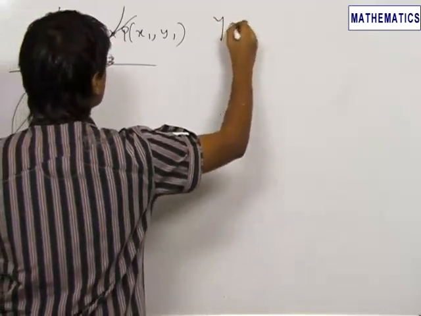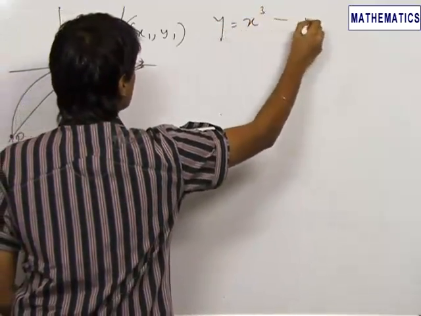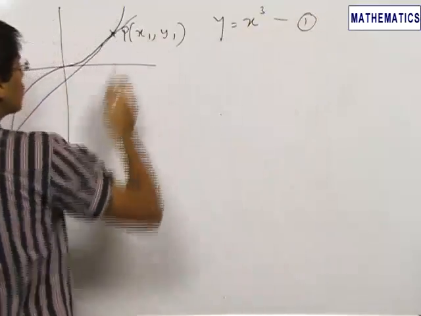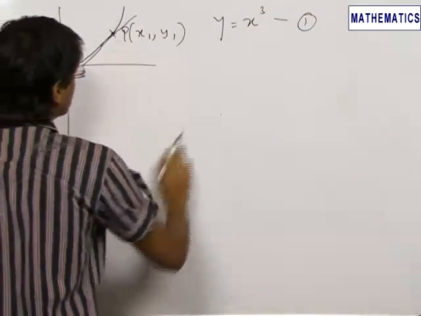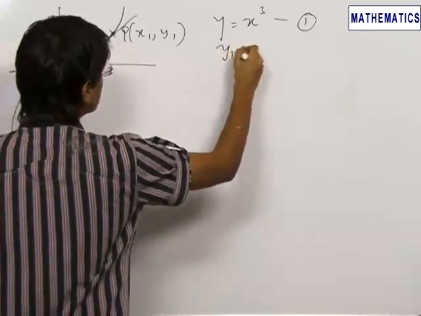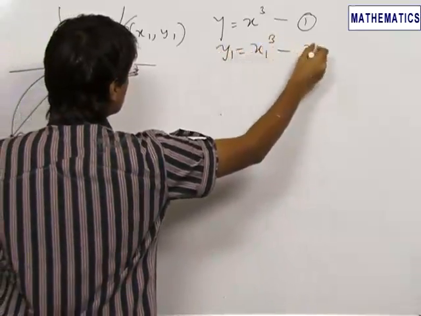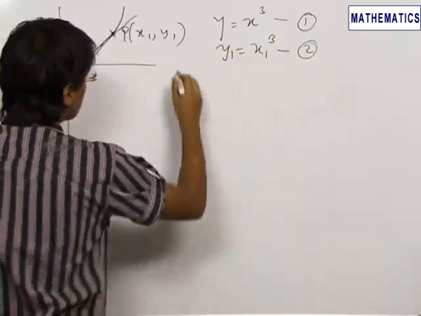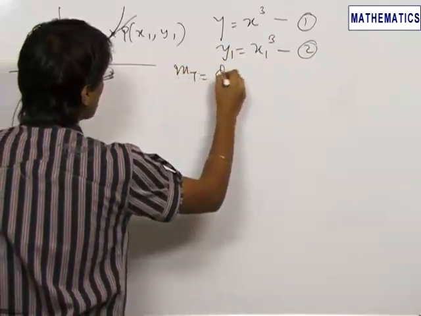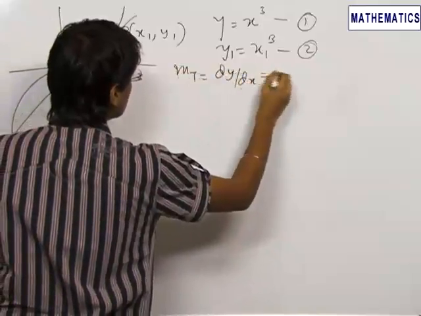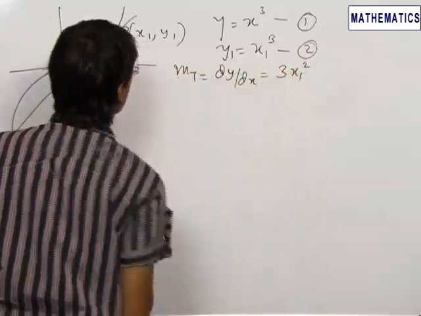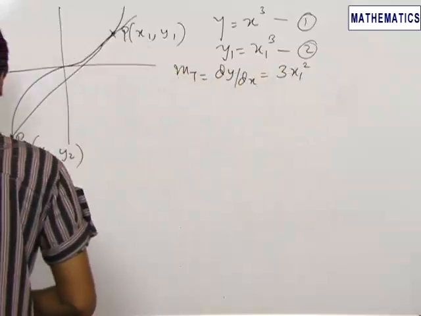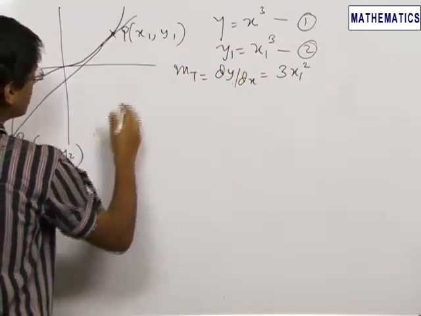So we have y equals x cube, and since x1, y1 is satisfying the equation of the curve, we have y1 is equal to x1 cube. This is our second equation. Our slope of the tangent is dy by dx, which is equal to 3x1 square at the point x1, y1. So let us write the equation of tangent.